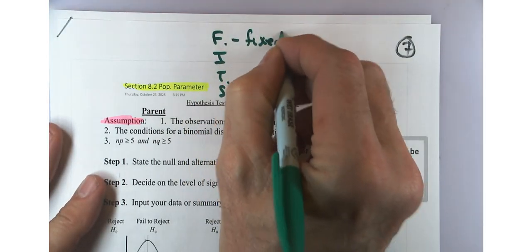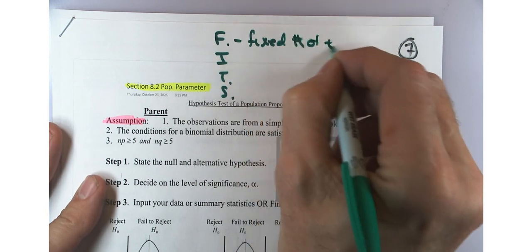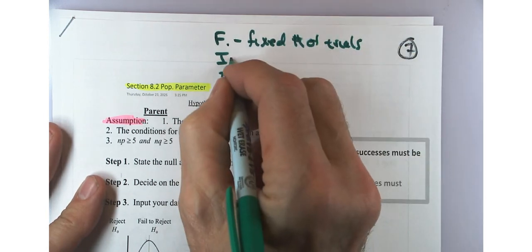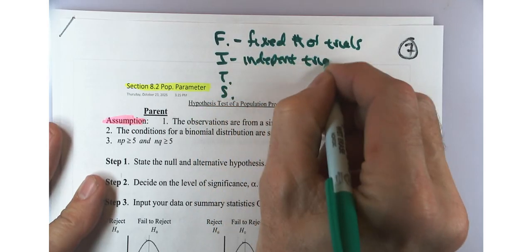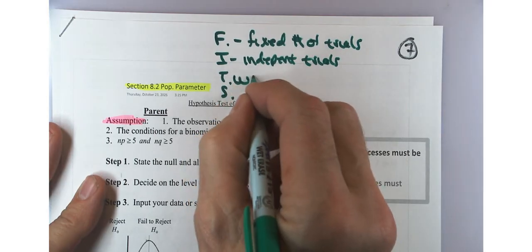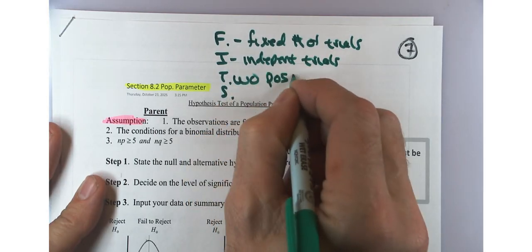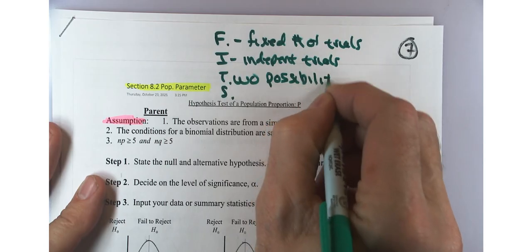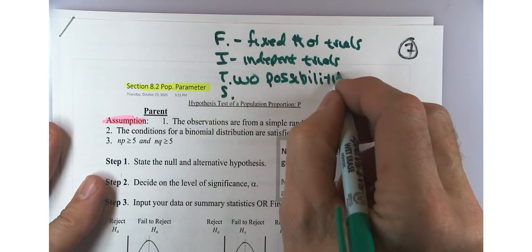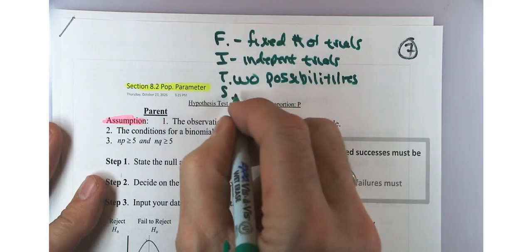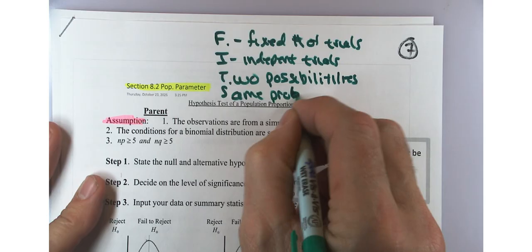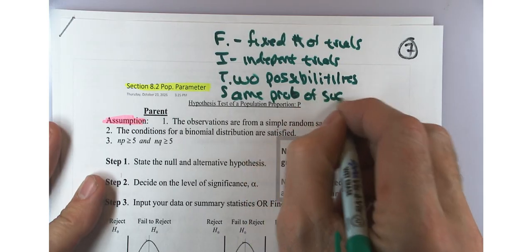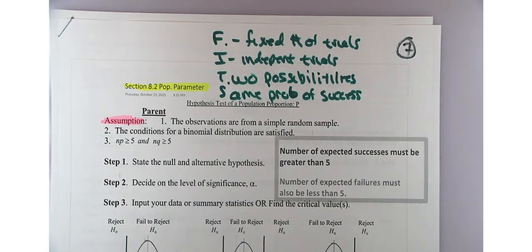Fixed number of trials. Yeah, that part. Independent. Two possibilities. And same probability of success throughout the trials.